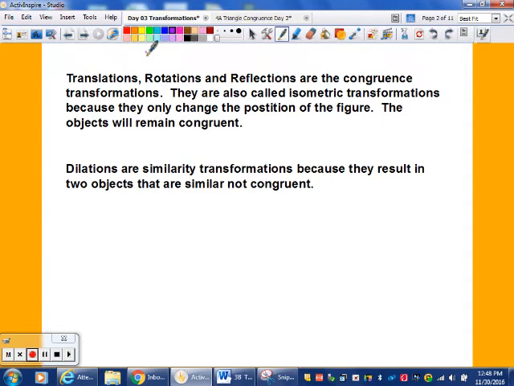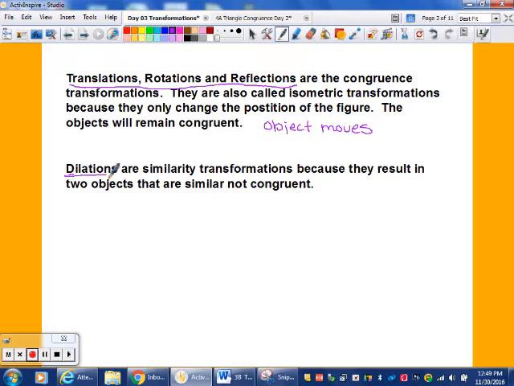Okay? So basically, what they're telling you is translations, rotations, and reflections, the object never changes. It just moves. Does that make sense? So I could write object moves.